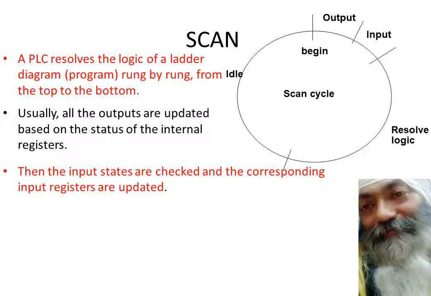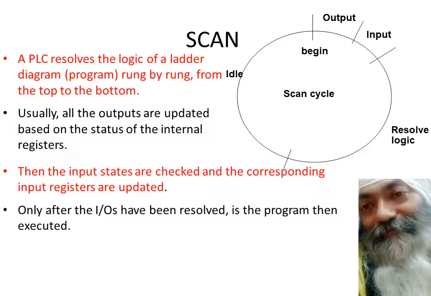Input table is nothing but a set of input registers. We have an output table also, which is the outcome of the program. The input goes to the program and the output of the program goes to the output table, and from the output table it goes to the output field devices. This is how the entire thing happens.